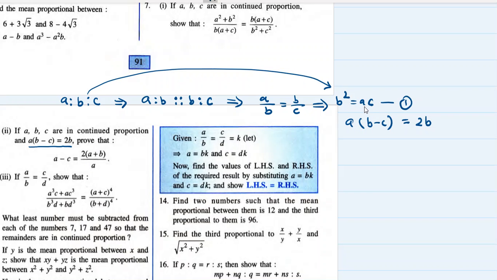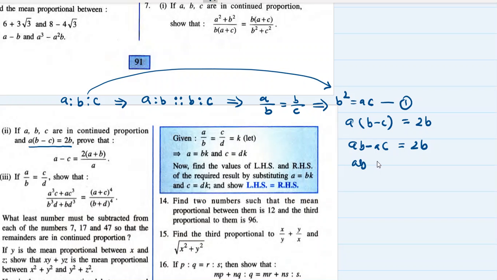We know B square is equal to AC and we know this also. So if I simplify this, I get AB minus AC is equal to 2B. Now in the place of AC, can I put B square, because that will make my question simple. Okay, let's do that.